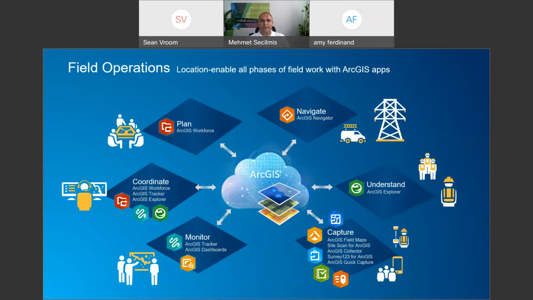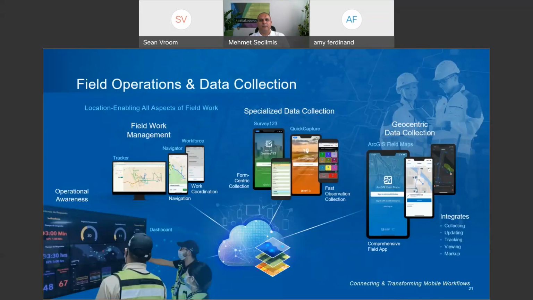When we talk about capturing data, we have different use cases and apps. For fieldwork management, there's an app called Tracker, and you can track your employees and your equipment and vehicles. You can use navigation tools to find out where you want to get to, and Workforce for coordinating who's going to do what and how.